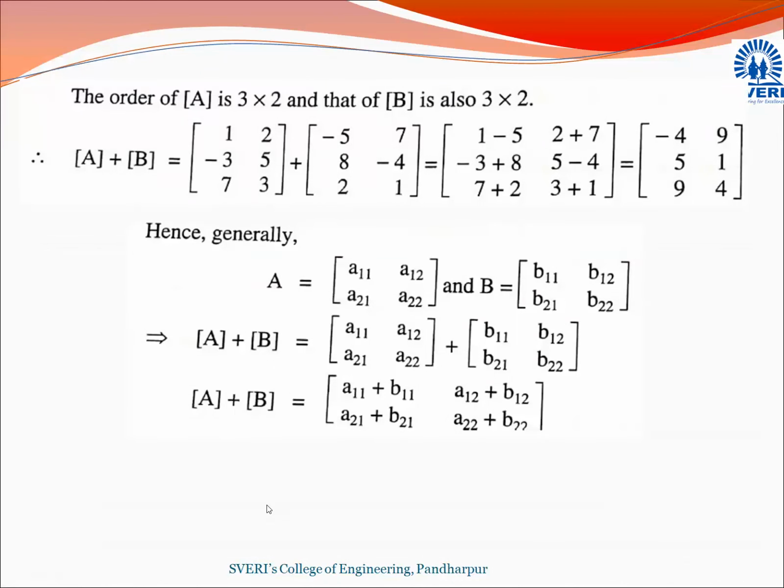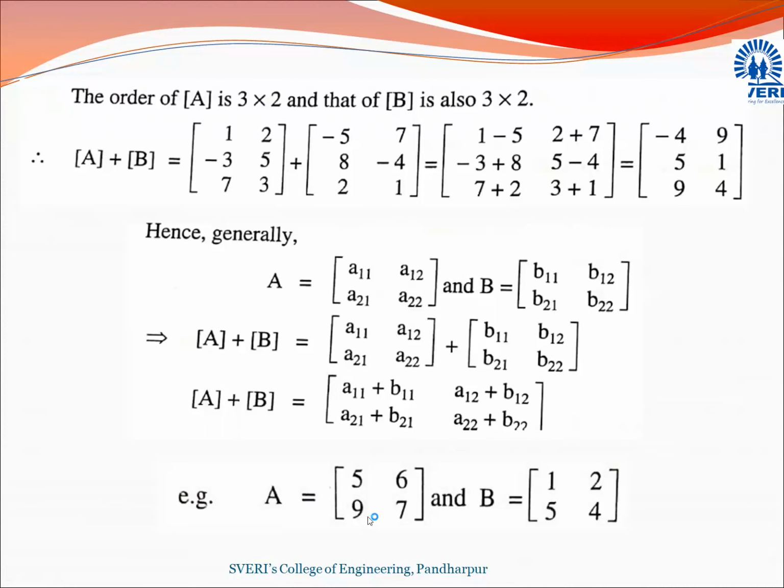Now generally, if we have matrix A with elements A11, A12, A21, A22 and B equal to B11, B12, B21, B22, if we add these two matrices, then matrix A plus matrix B is equal to A11 plus B11, A12 plus B12, A21 plus B21, A22 plus B22.